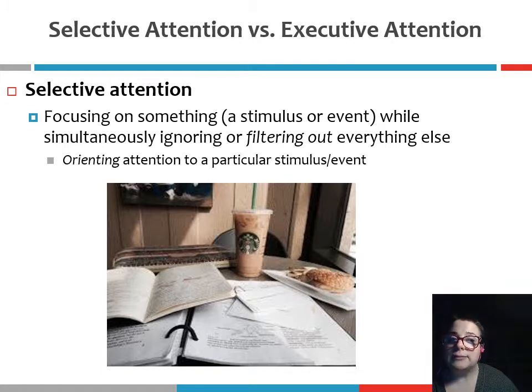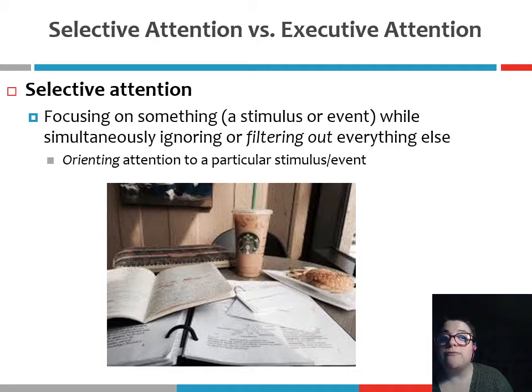So when we talk about selective attention, basically what I mean is an attentional system that allows you to focus on one thing, okay, and one thing only, right? So it allows you to focus on or isolate a single stimulus or event while simultaneously ignoring or filtering out everything else in your environment, everything else in your consciousness, whatever it might be, right?